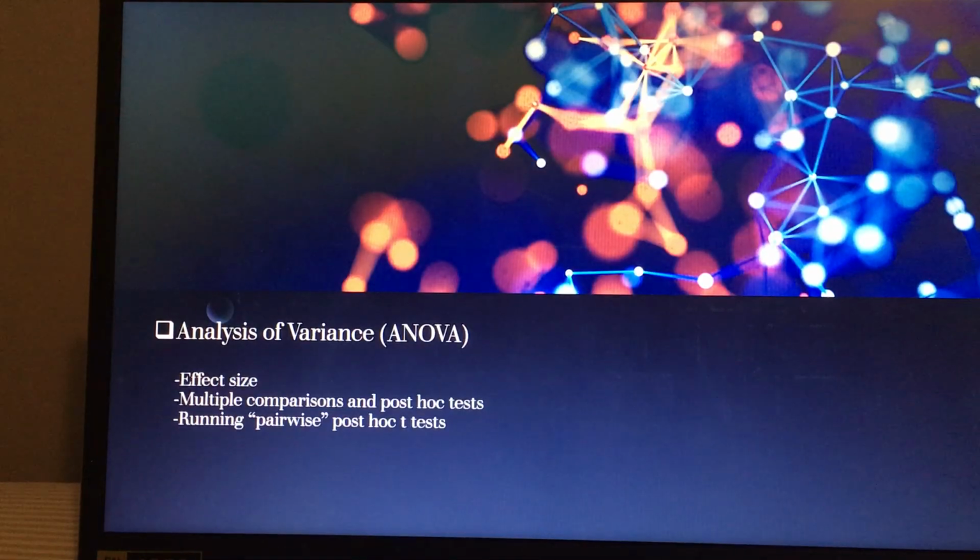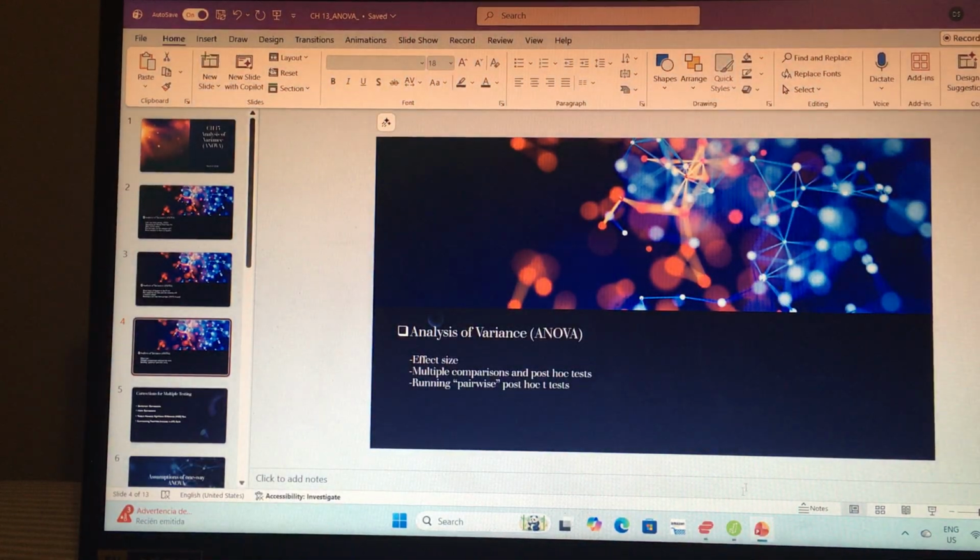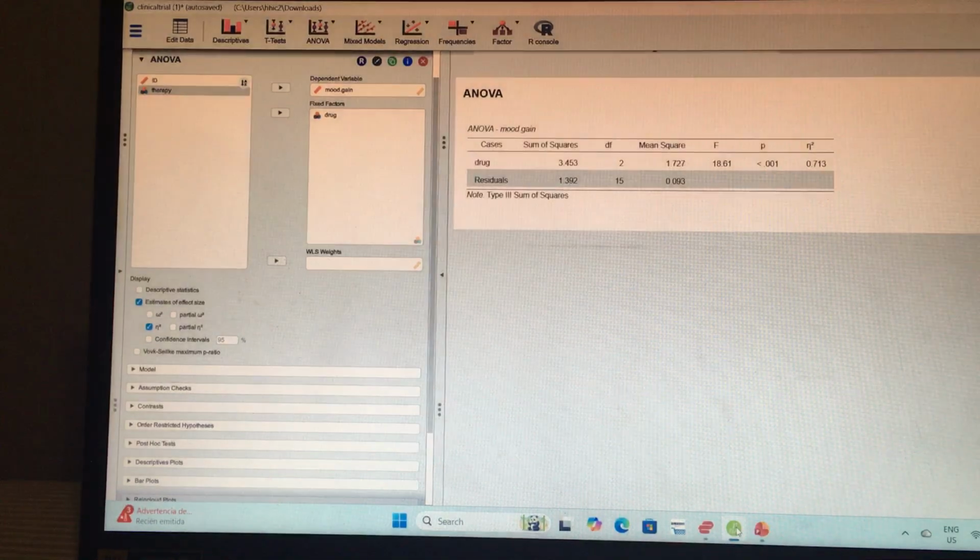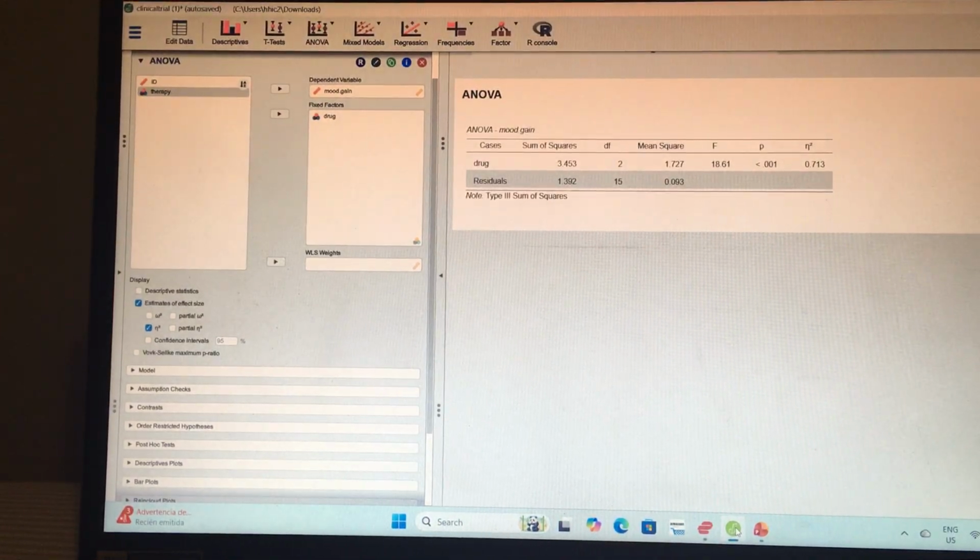When we look at the ANOVA table in figure 13.3, we can see the SSB equals 3.45, and the SS within equals 1.39.